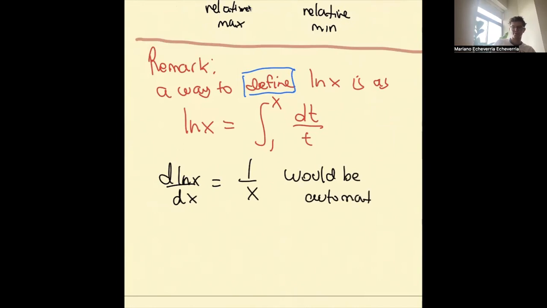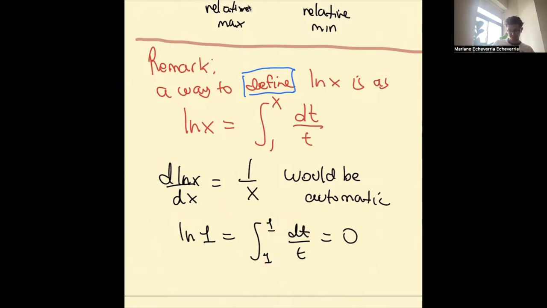Because it's just the fundamental theorem of calculus. So the advantage of using this definition for natural log is that at least a property of the derivative is completely clear. And it would also be super clear that ln of 1 is 0, right? Because it's the integral from 1 to 1 of 1 over t dt. And remember, no matter what you put inside here, if it's going from the same number to itself, you always get 0.